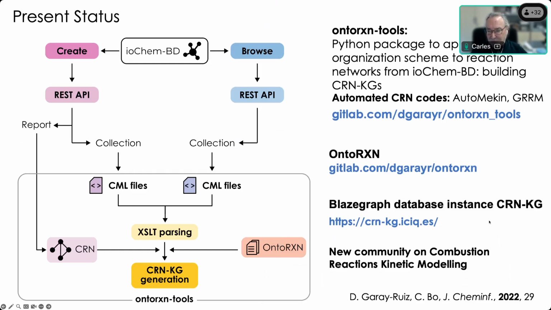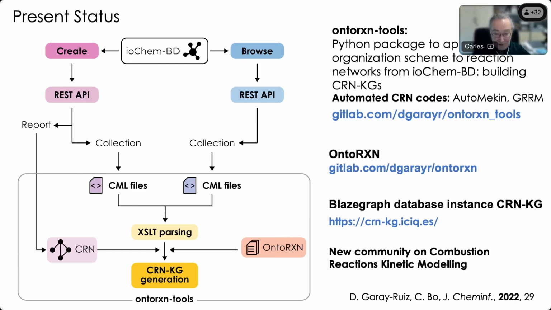So this is a community of groups working in combustion reactions, where the chemical reaction networks are quite complex, and they have their own databases, several databases around the world. And the goal of this community is to find a way to transform all this information in a FAIR fashion. And we think that they understood that our ontology can be a good tool for that.